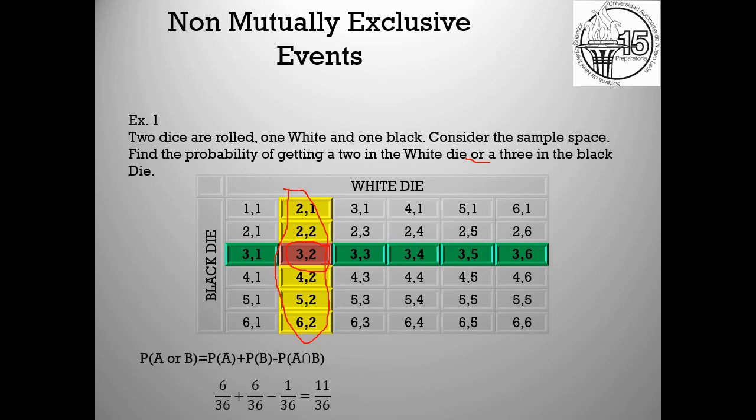If we apply the rule of addition, we will have probability of A or B. That will be the addition of the first event and the second event, minus the part that they have in common, that is in here. So we will have 6 out of 36 plus 6 out of 36 minus 1 out of 36. That will be 11 out of 36.